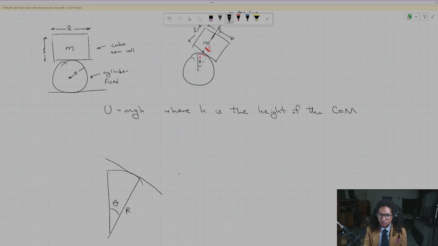This angle, remember, is theta. What I need to do to get to the center of mass, I know that I need to go up a distance L over 2. And then I need to go across a distance S.